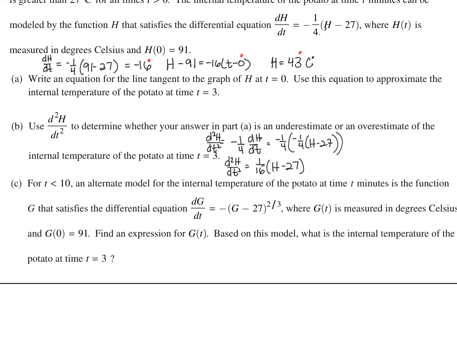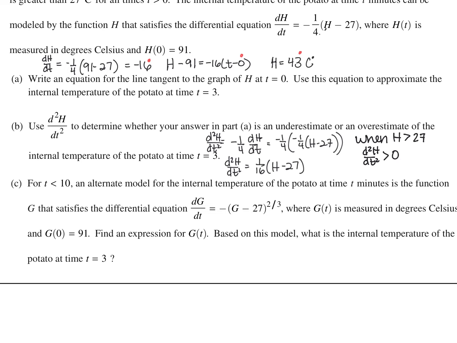Okay. When h is greater than 27, f double prime, the second derivative, will be greater than 0. Correct? Okay? Talk to me about what we know about this function at t equals 3. h is 43. So when h is greater than 27, this second derivative is greater than 0, meaning it's concave up.